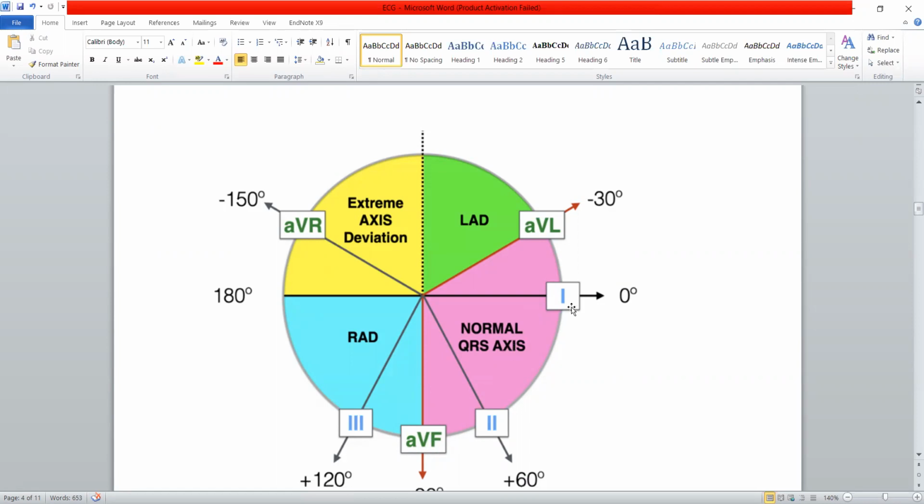Now the QRS complex is negative in lead 1. It means the current is flowing away from lead 1, in this direction. The current is flowing in this direction. Because the QRS complex is negative in lead 1, it means the current is flowing away from lead 1.